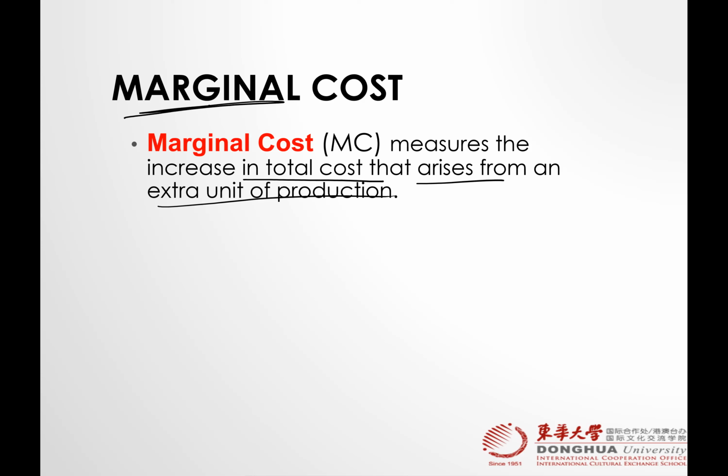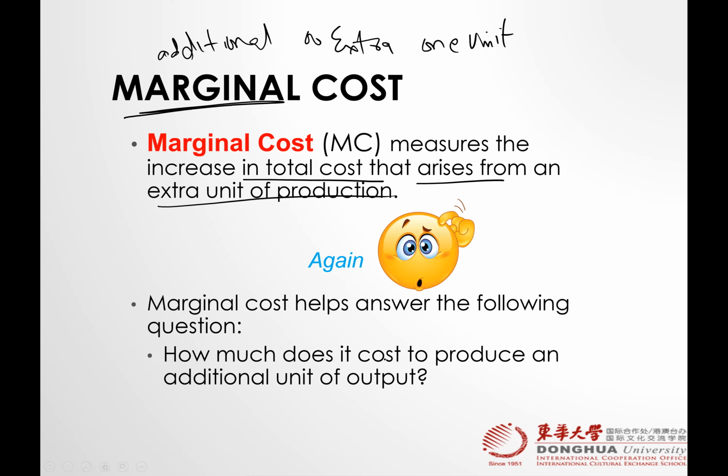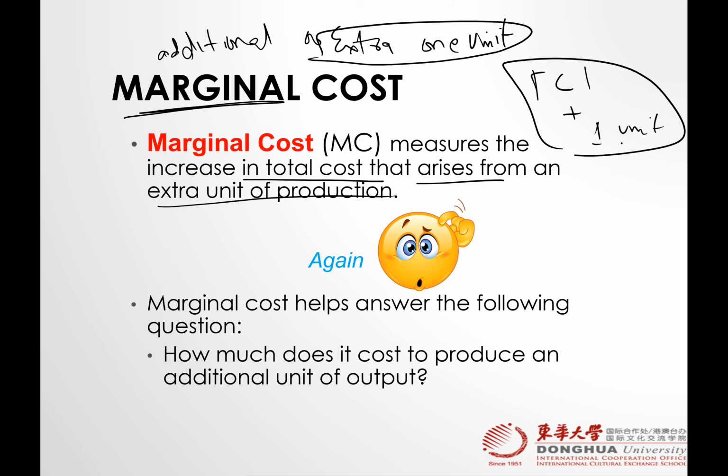Marginal means additional or extra one unit. So you can derive your own definition: how much it costs to produce an additional unit, or what is the addition in the total cost by adding one unit. Understand? This is called marginal cost.